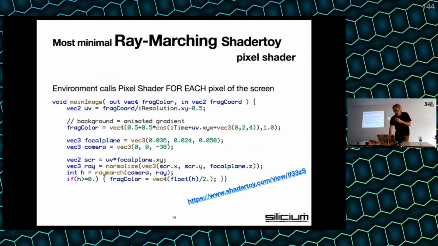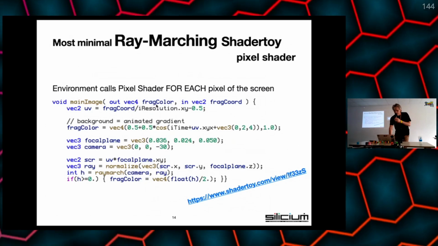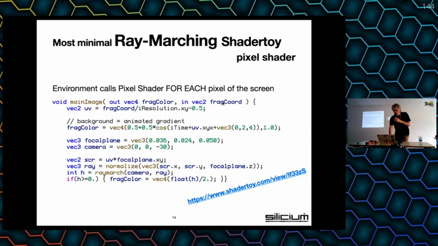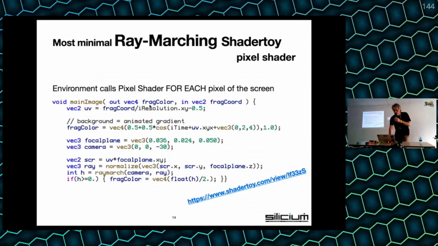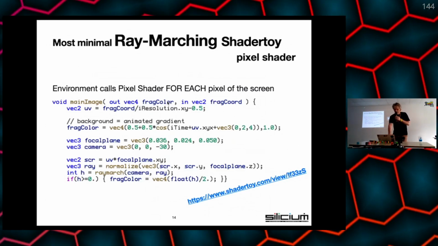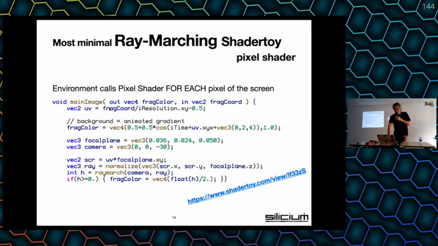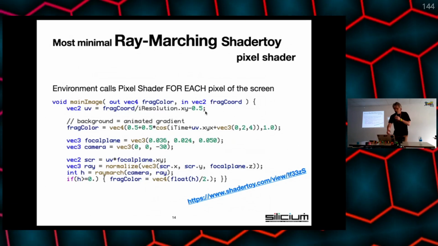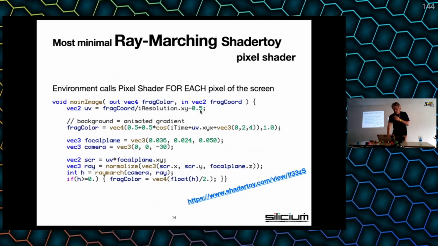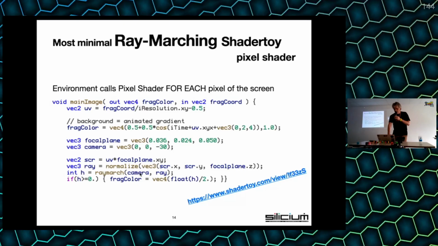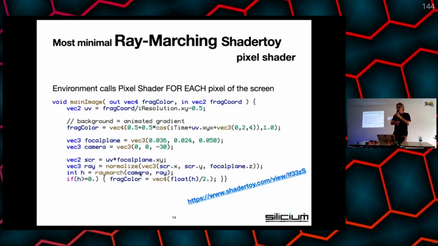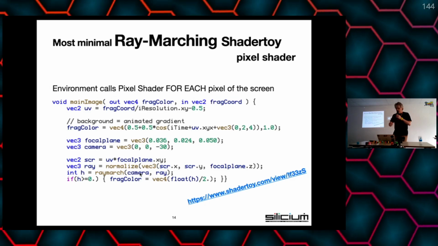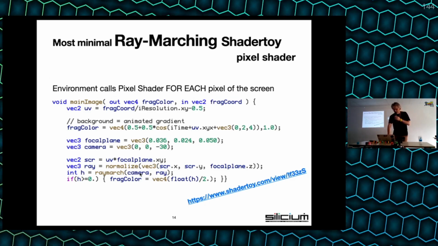So the input that we have are the screen coordinates, and we want to compute colors for those screen coordinates. So very quickly, this is just a change of coordinates so that we have more mathematically convenient coordinates to work with, from minus 1/2 to plus 1/2 left, right, and top and bottom scaled appropriately.